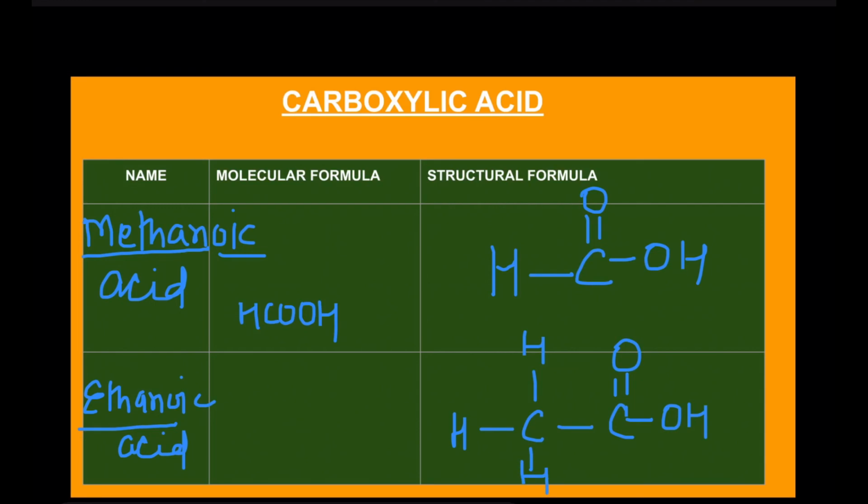This is the structural formula of ethanoic acid, which is also known as acetic acid. The molecular formula of ethanoic acid. Similarly, you can write propanoic acid and butanoic acid also.